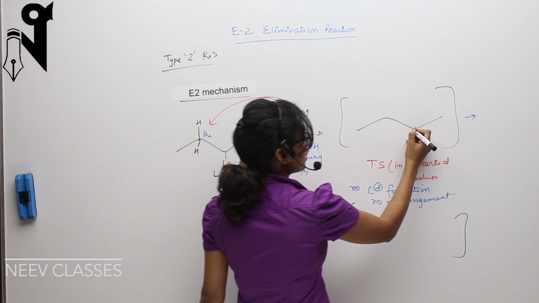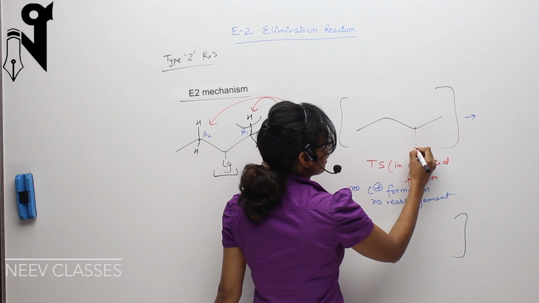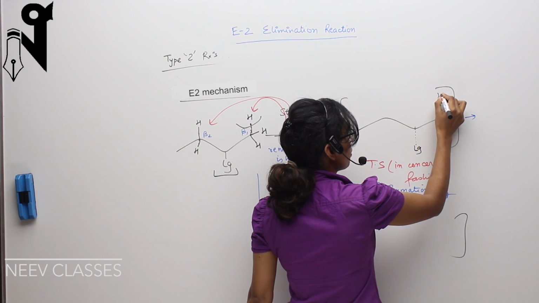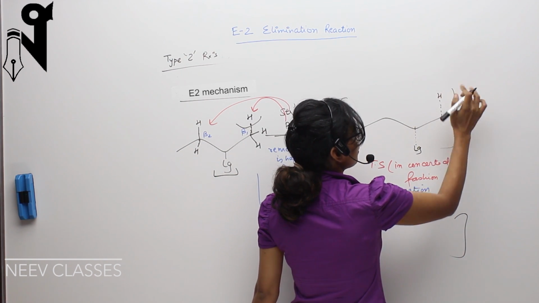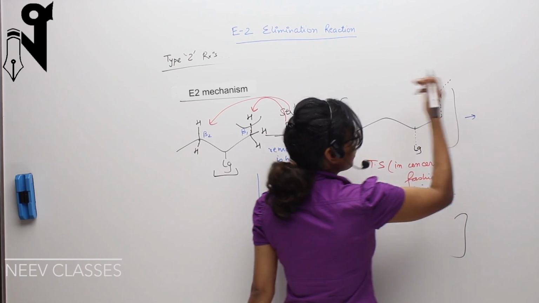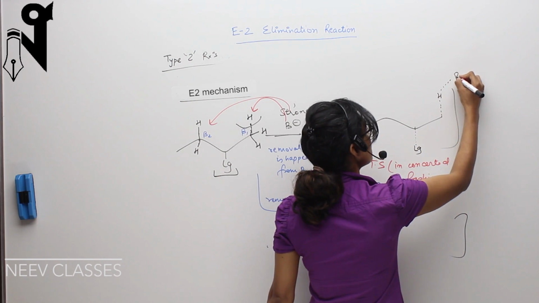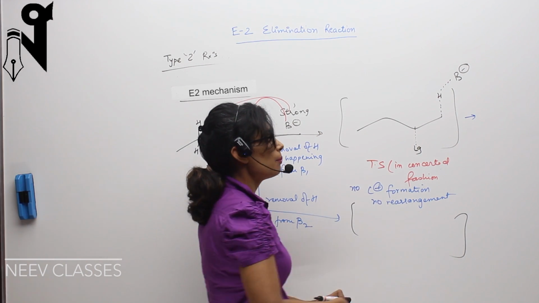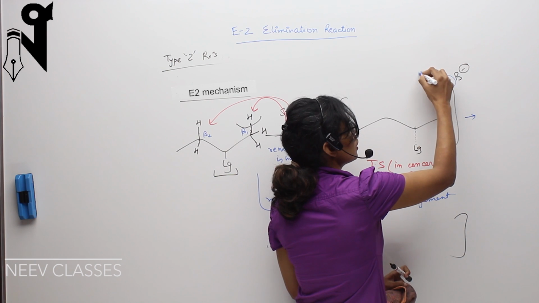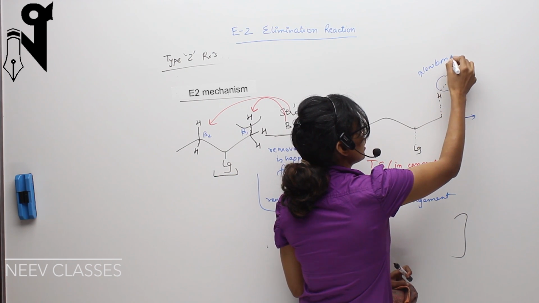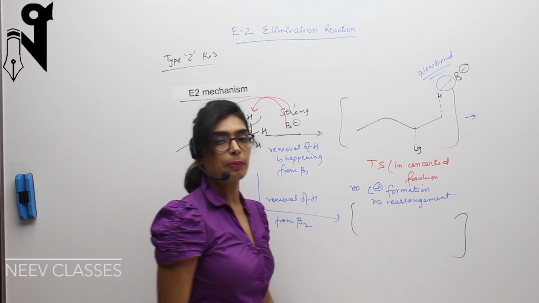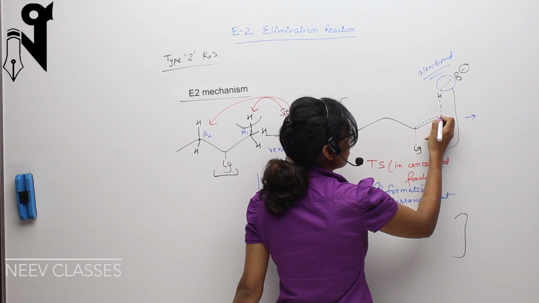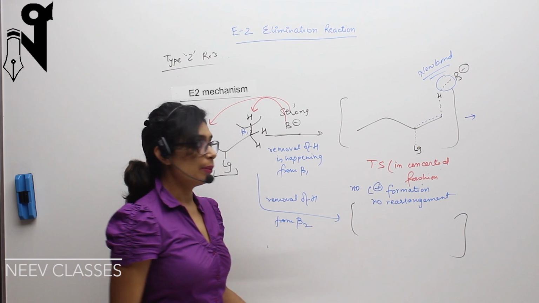So basically the bond between carbon and the leaving group would be breaking, as well as the bond between carbon and hydrogen from the beta position would be breaking, and the bond between hydrogen and base would be forming. So this reaction is also in the concerted fashion, because new bonds are forming, between base and hydrogen, as well as between the beta carbon and the alpha carbon.